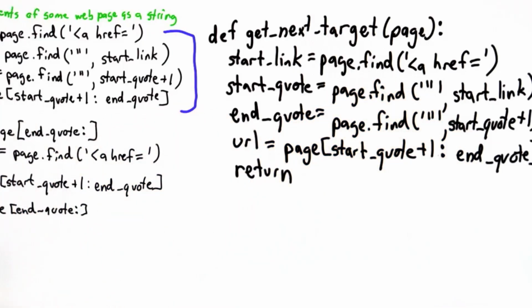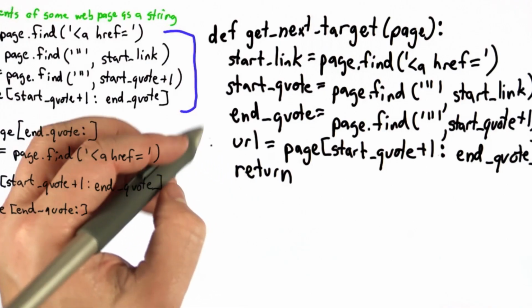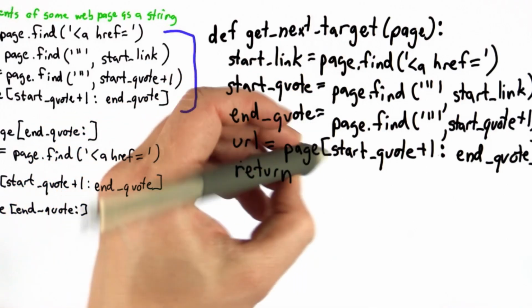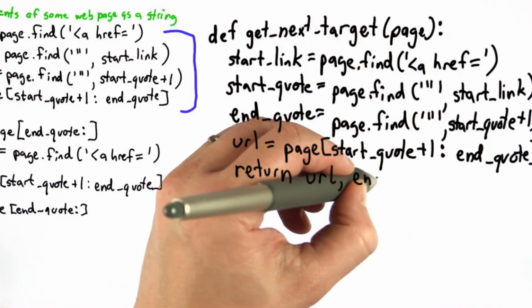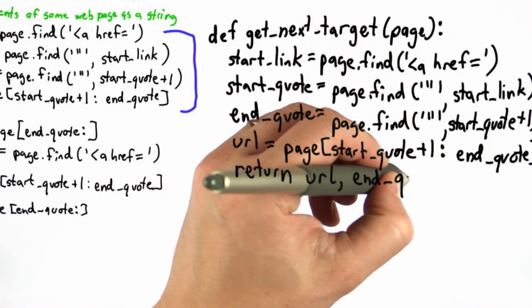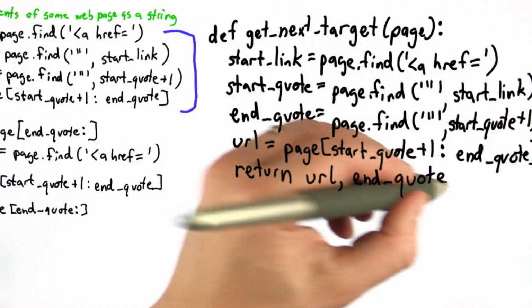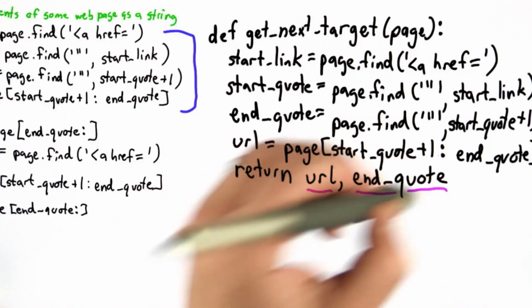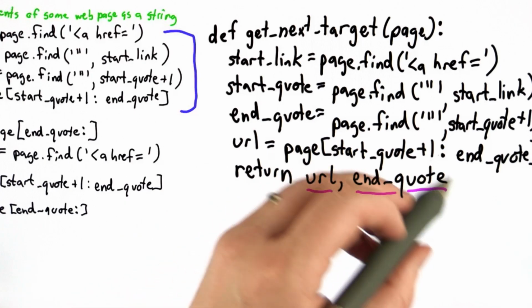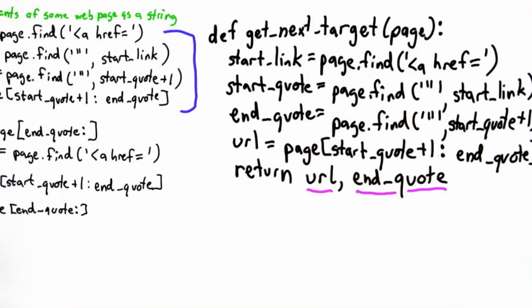And we had a quiz earlier where you determined that what getNextTarget should do is return both the URL and the end quote. That is the position where the end of the quote was found. So we needed this procedure to return two values because we need to know both the URL as a string and where to continue looking for the next target. We haven't yet used a procedure that returns two things, but it's actually quite convenient and simple to do this.